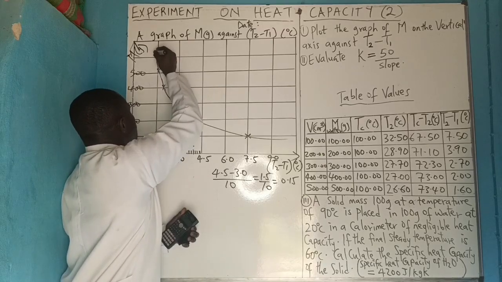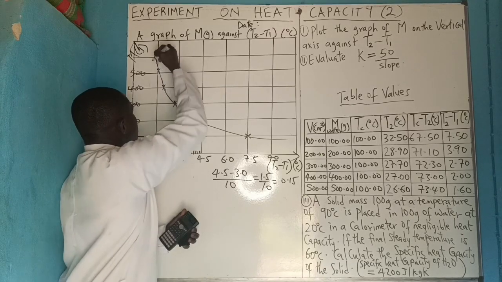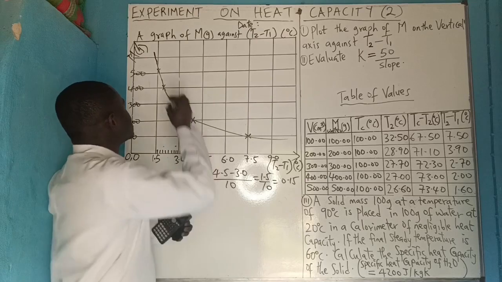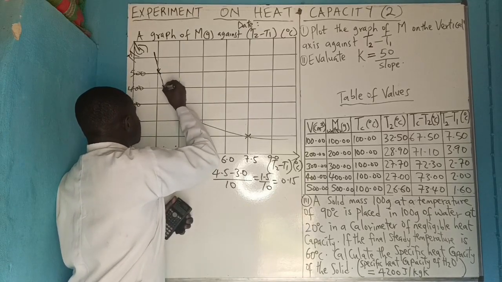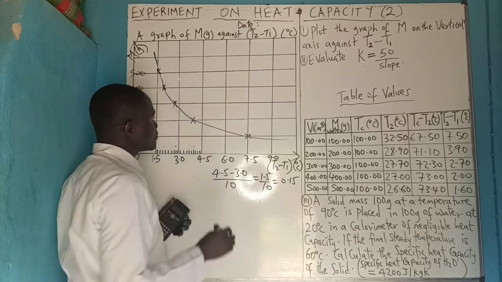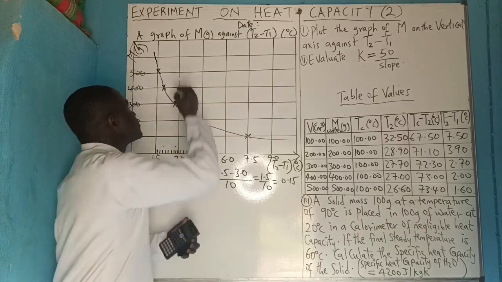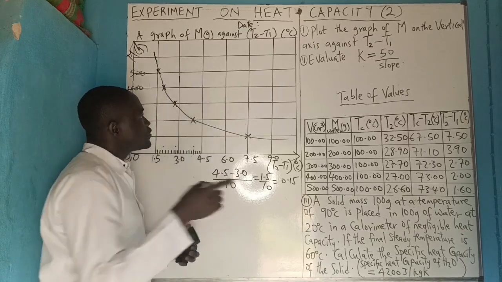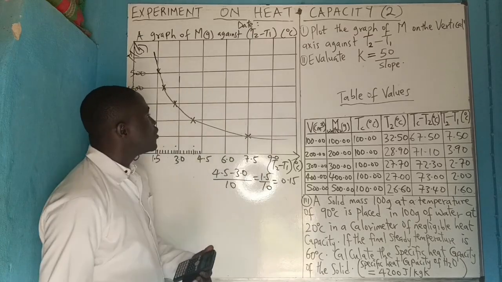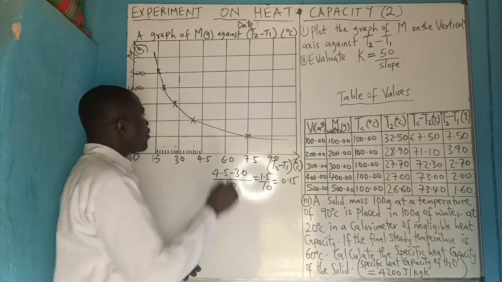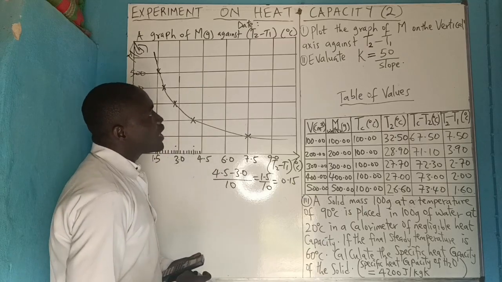It should go in terms of a curve. Are you getting it? So here are the points. Don't use free hand. Just use a broom so that you have a perfect curve. Then when you locate the perfect curve, they ask you to get slope.